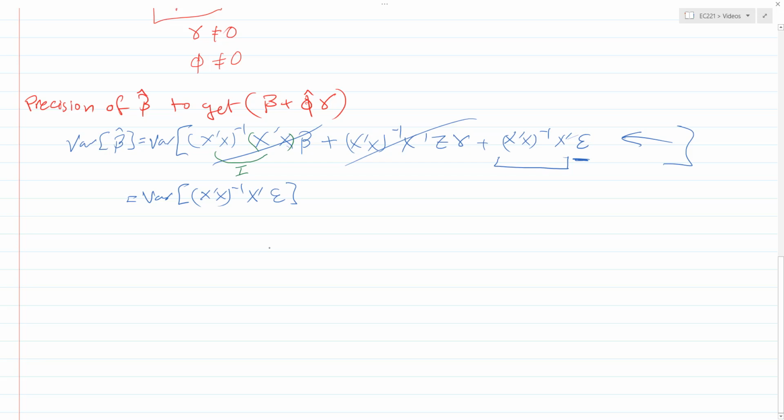What's the variance of a constant multiplied by a random variable? In the non-matrix world, taking the constant out of the operator, it's the constant squared. But with matrices, we have an equivalent to squaring something, which is to multiply it by its transpose. So we get (X'X)^-1 X', the variance of epsilon, and then the transpose.